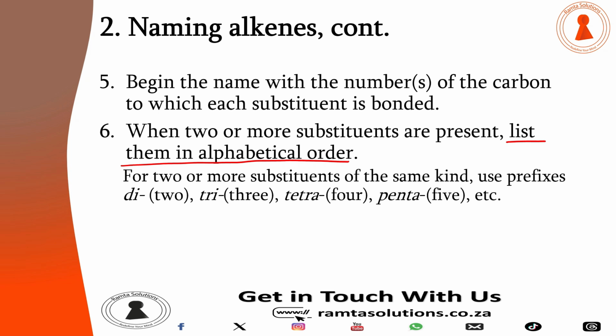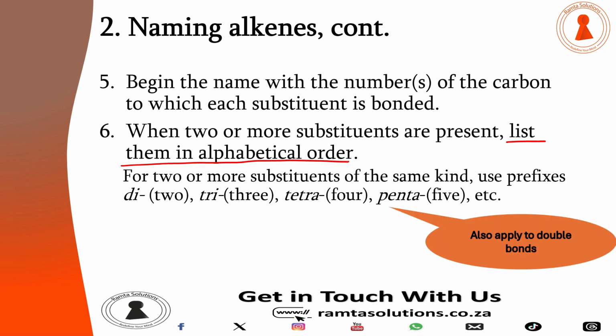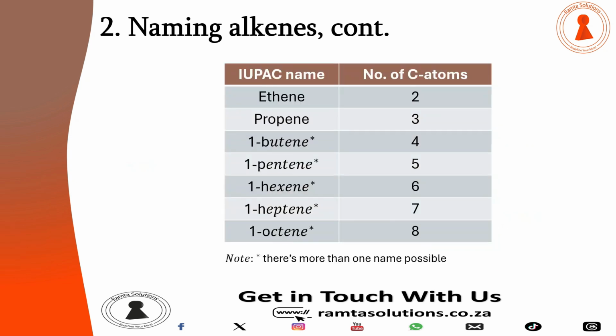All right, perfect. Now, by the way, I almost forgot. Even the double bonds, when you name your alkenes, you must show the position of the double bond. It's important to show the position of the double bond. Of course, this will not apply for ethene and propene. All right? Now, these are your alkenes.